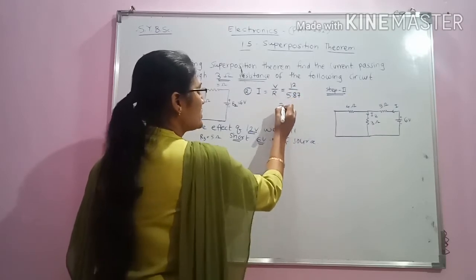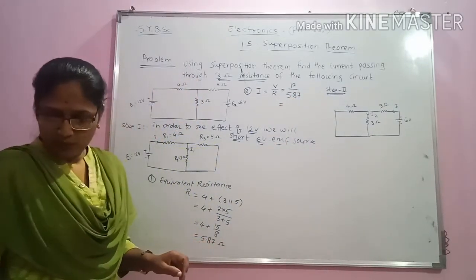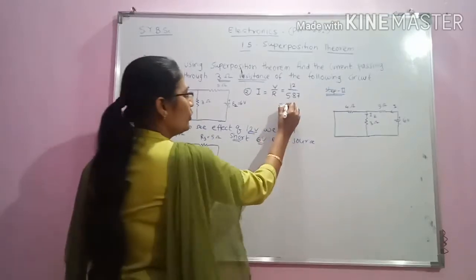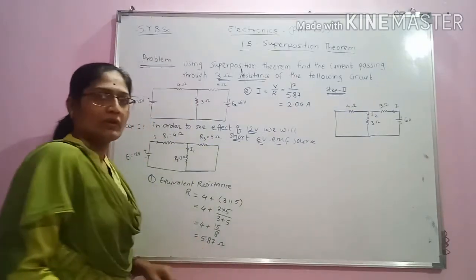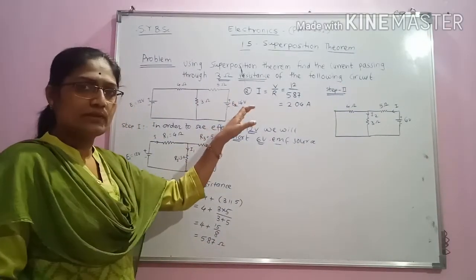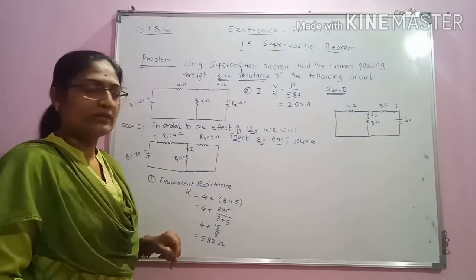On solving this, you will obtain the value of I as 2.04 ampere. You can solve this in your book and cross check the same.